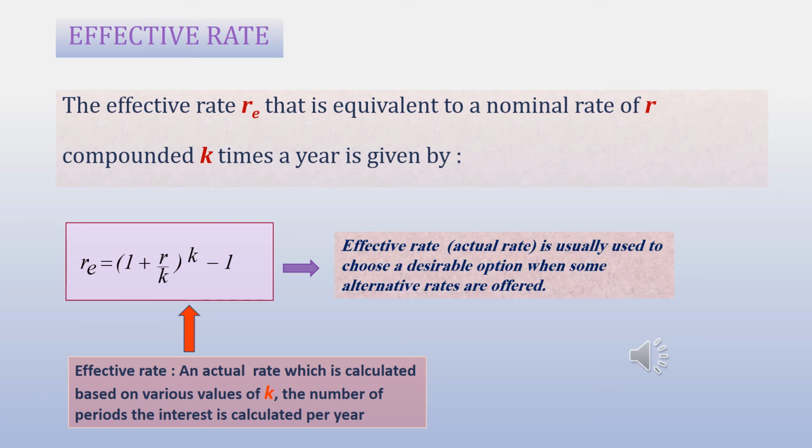So what is the use of this effective rate? The effective rate, or actual rate, is usually used to choose a desirable option when some alternative rates are offered. In other words, if you want to choose the better or the best choice, we can use this calculation of the effective rate.